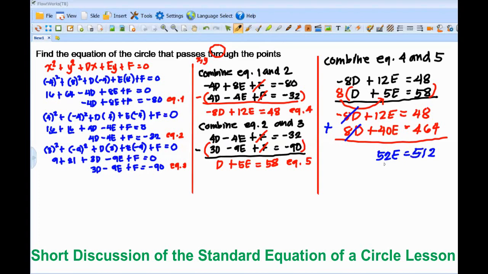Alright. So can we divide both sides by 52? Yes, we can divide this by 52. So what is 512 divided by 52? What do we get?